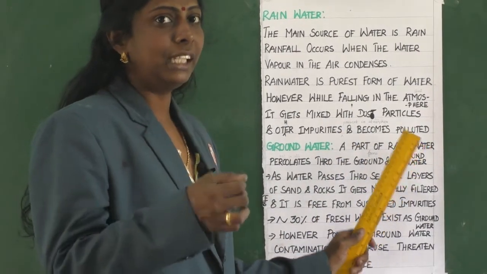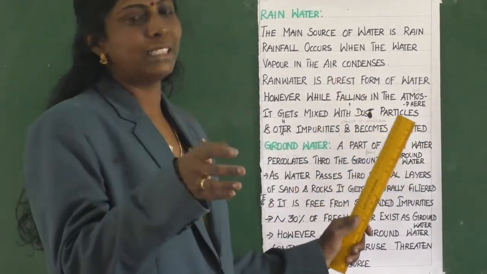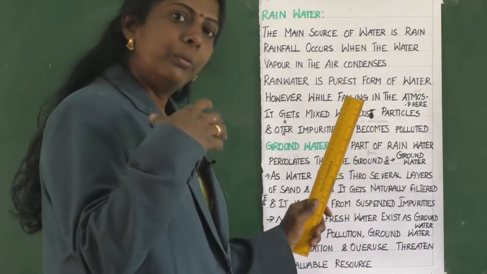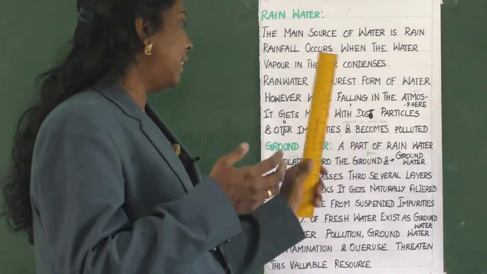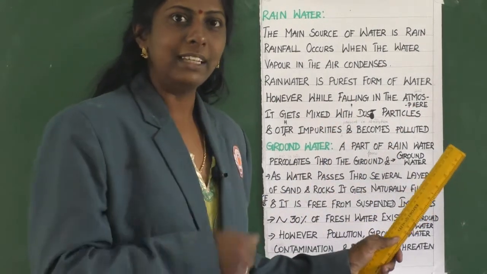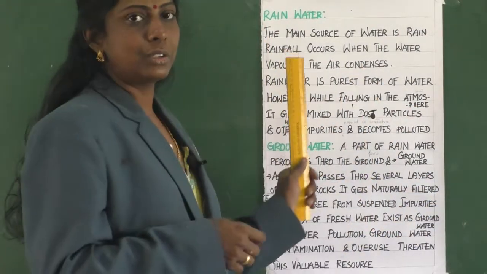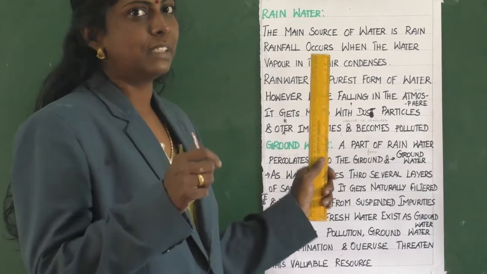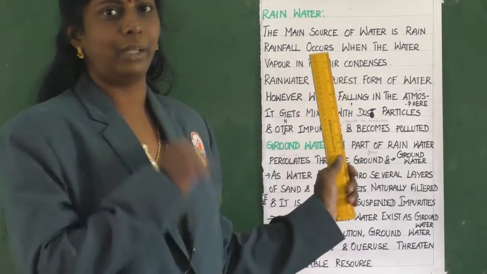So naturally, rainwater is the purest water, but if it is mixed with dust particles or other impurities, it becomes polluted. Clear? So this is about the first source of water, rainwater.